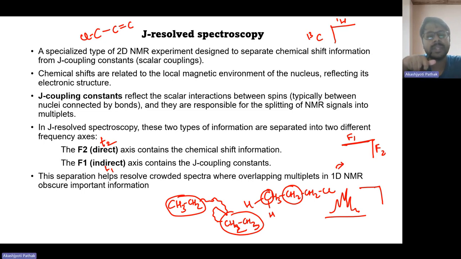This helps in resolving the overlap that we usually observe in a 1D NMR experiment. Is this point clear to everyone?